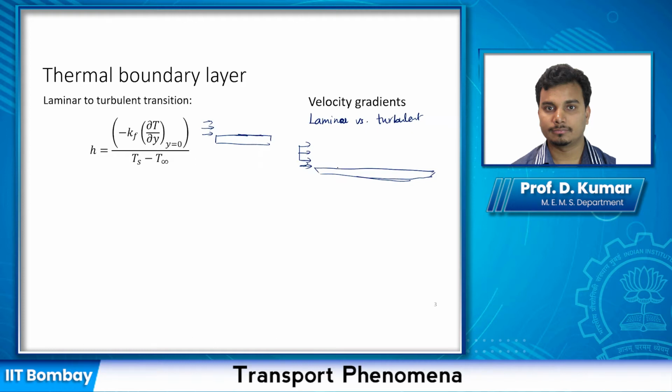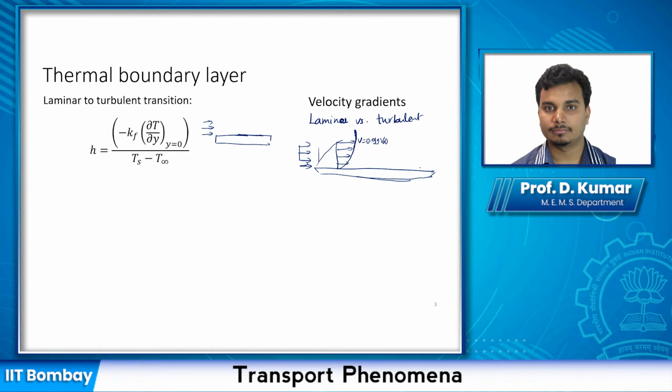As we know, there is some boundary layer development, and if the flow is laminar, the point where the velocity becomes 0.99 of v infinity is your boundary layer thickness, maybe something like this. So at this point, your v is 0.99 times v infinity.